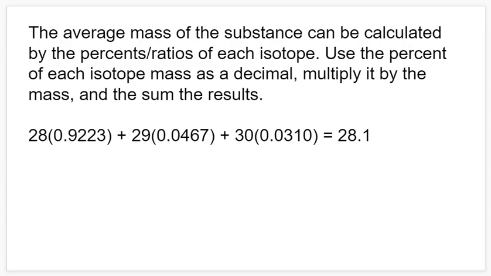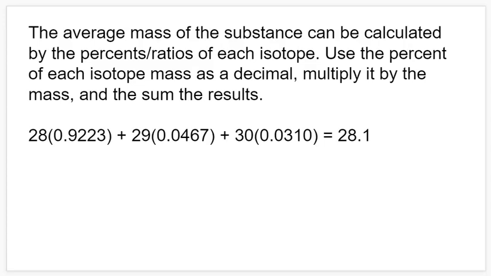The atomic mass represented on the periodic table is often a non-whole number, and that's because you're getting a weighted average of all of the isotopes. Because remember, you can't have a fraction of a particle. You can't have a fraction of a neutron. So the fact that on the periodic table it's 28 point something for silicon tells us that the larger isotopes, the 29 and the 30, end up bringing that average up just a slight bit.